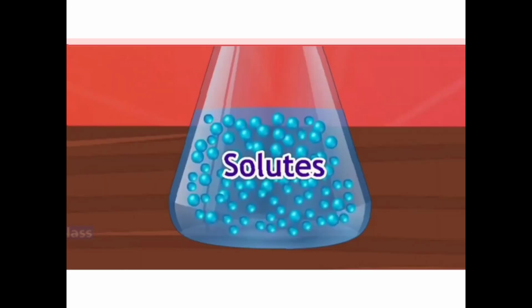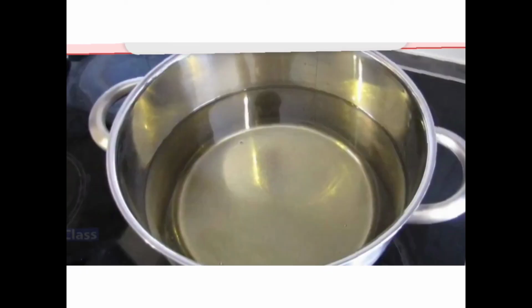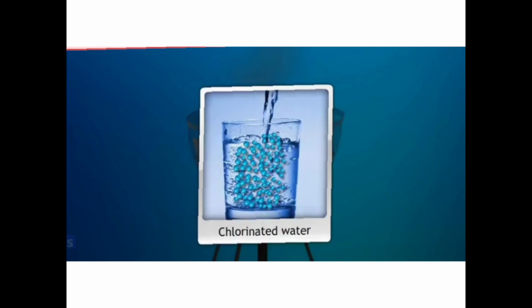And when you dissolve salt into water, you get the solution, the salty water. So see, all three things start with S: solute, solvent, solution. So if I write mathematically, solvent plus solute gives you solution.